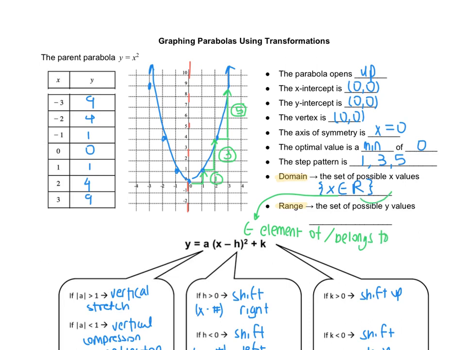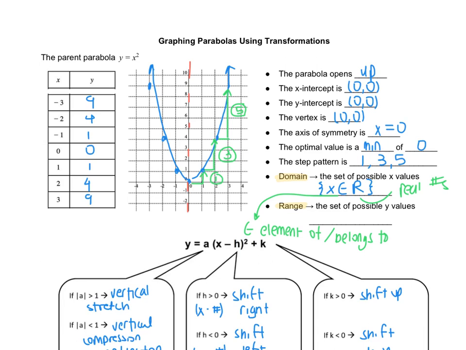And then r is real numbers, and that just means anything. X can be anything. So x is an element of all real numbers. And this will always be the domain for a parabola because it will always extend forever to the right and to the left. Whether your parabola is opening upwards or downwards, that's a different story.